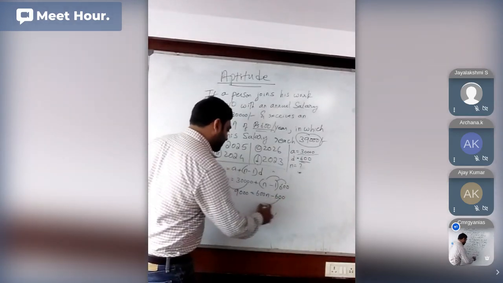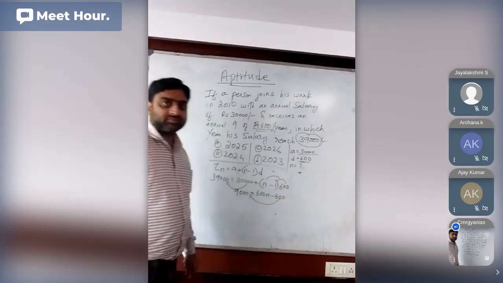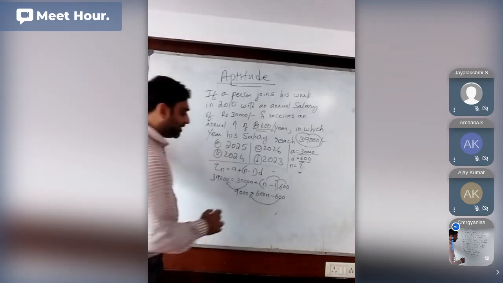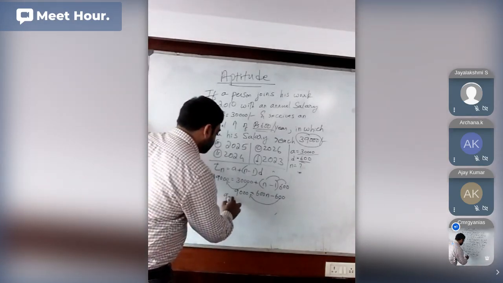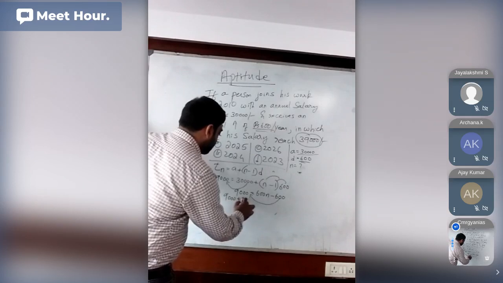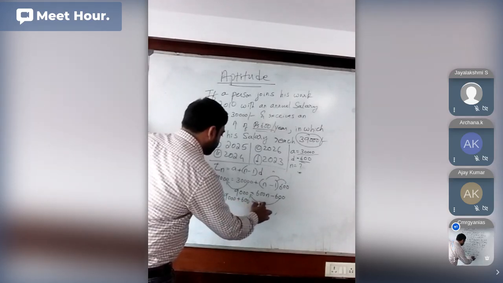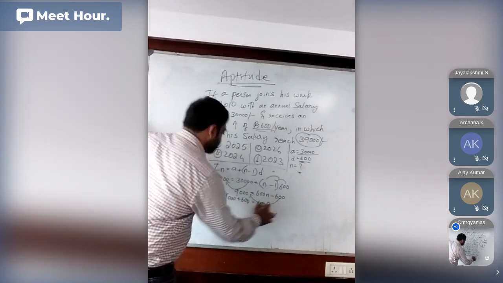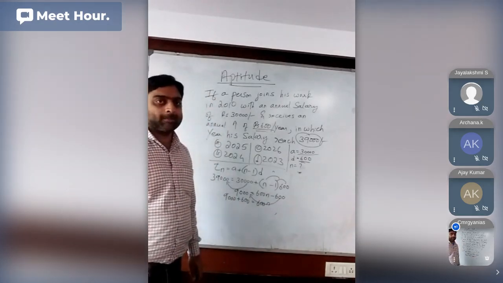Then take this to that side: 9,000 plus 600 is equal to 600 n.